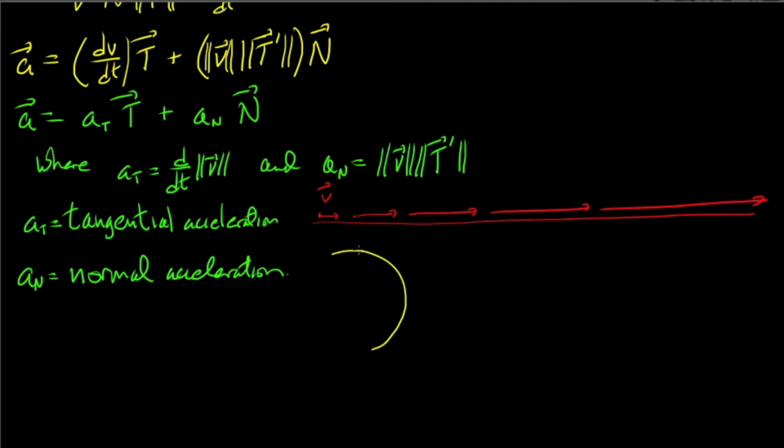So even if your speed is not changing, let's say the speed is constant, the speed is not changing, but the velocity is, because the velocity is changing direction. And it's changing direction this way or this way. So this will be the normal acceleration.